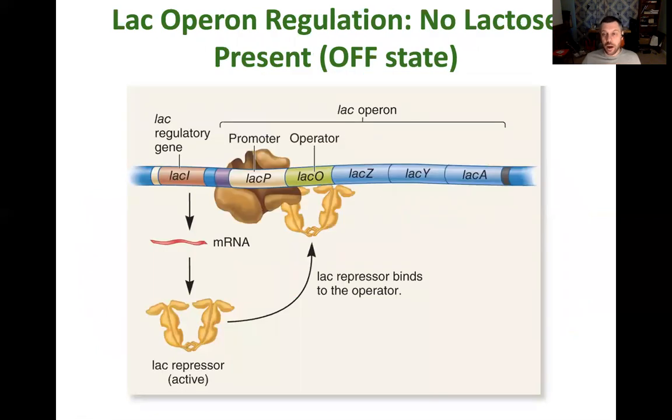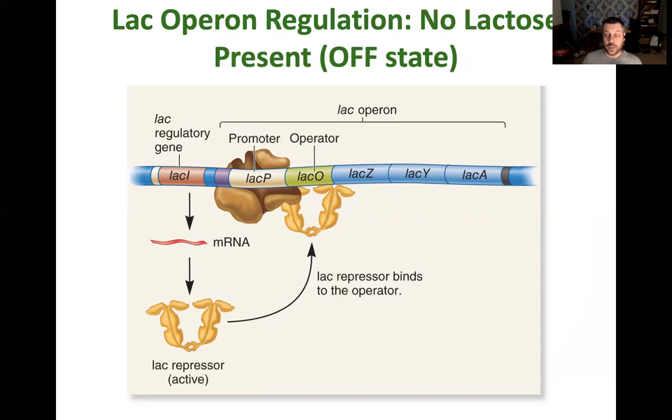In the absence of lactose, Lac repressor is bound to the operator. That is true. However, cells are extremely dynamic. If you think about how biology works, you need a lot of flexibility in the way a cell operates. So if this Lac repressor bound to this operator in a very strong way and was very hard to get off, that wouldn't make a lot of sense because it needs to be very responsive.